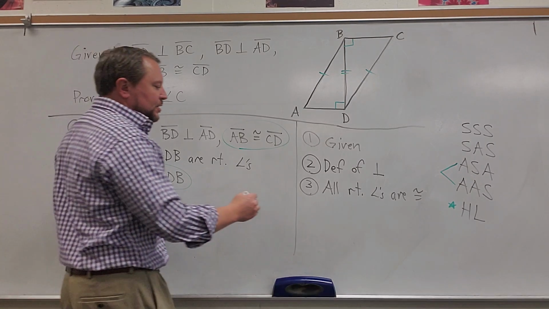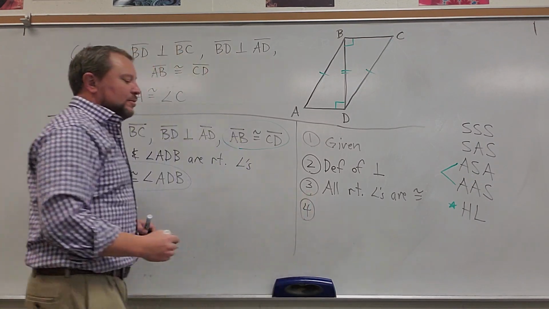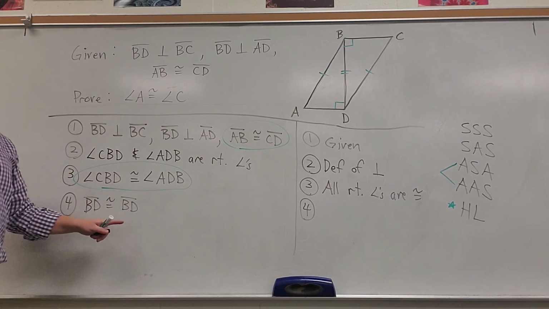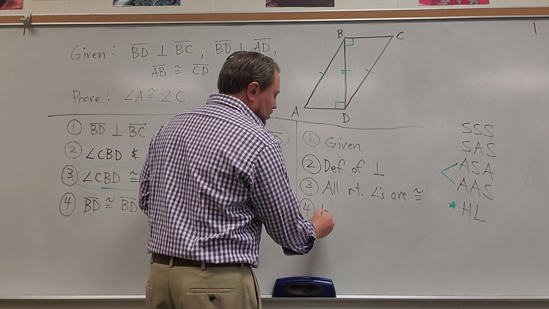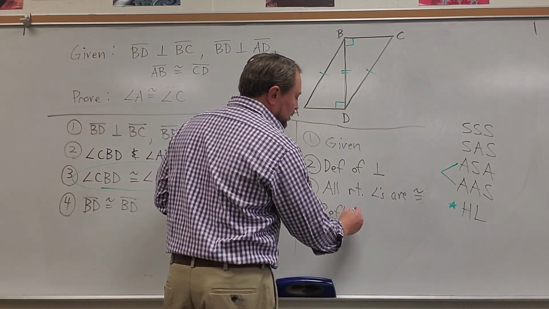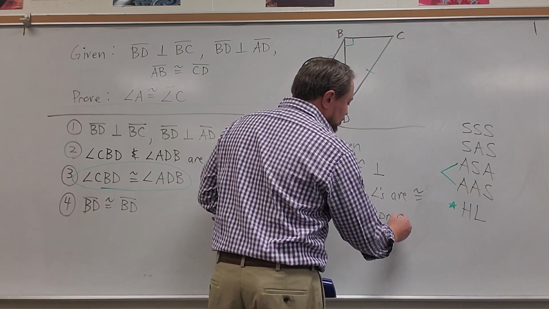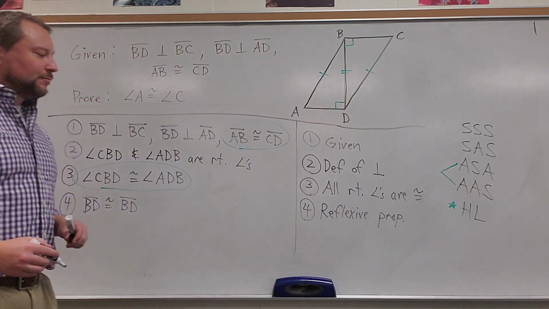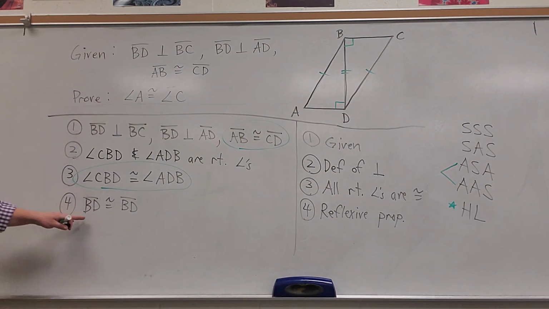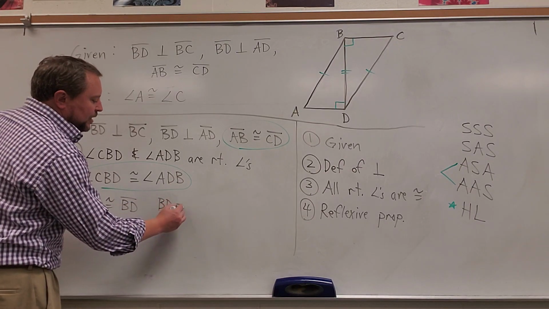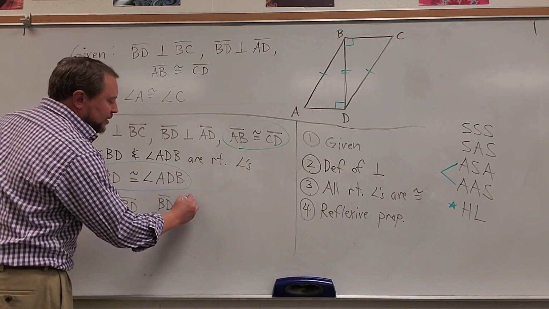You remember our reason? This is always an easy step in a proof. If you see they share a side, you say it equals itself using the reflexive property. Like seeing your reflection in the mirror, they're a match. Technically in the textbook, by the way, they'll write this step as BD is congruent to DB.